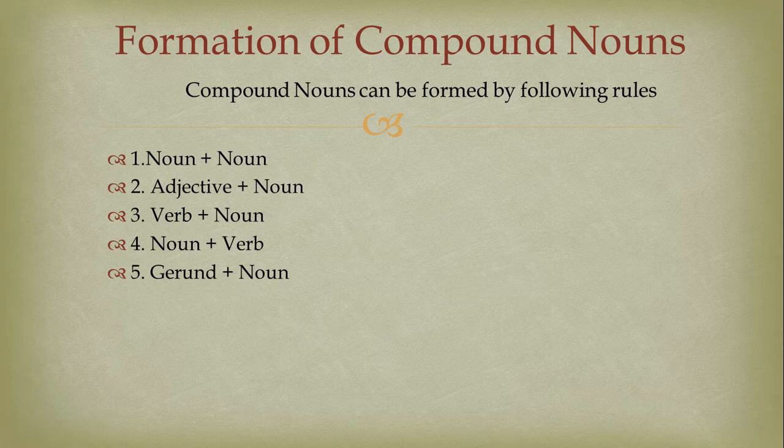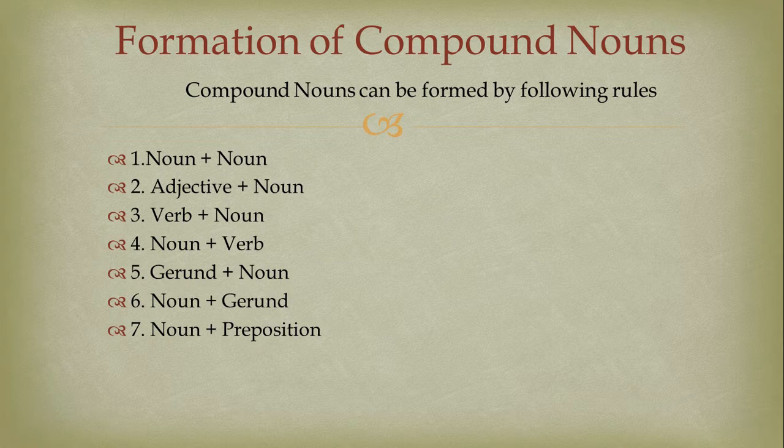Formula 5, gerund plus noun. 6, noun plus gerund. 7, noun plus preposition. Friends, these are the rules or formula through which we will form the compound nouns.